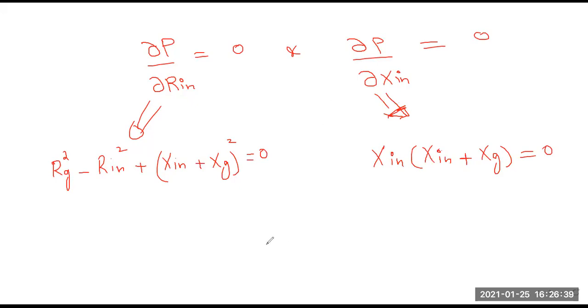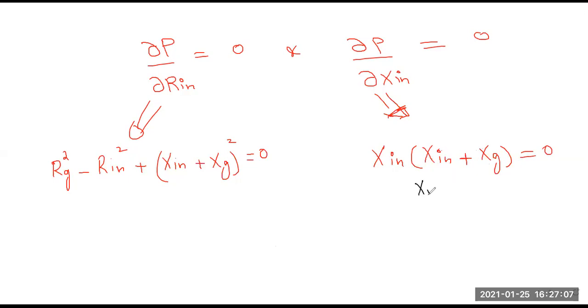Now, if you look at these two equations, we can easily identify the condition for which power will be maximum. If you look at this condition, which is easier, first I will try to interpret the meaning of this equation. So this condition is telling us that Xn into Xn plus Xg is equal to 0. So there are two possibilities.